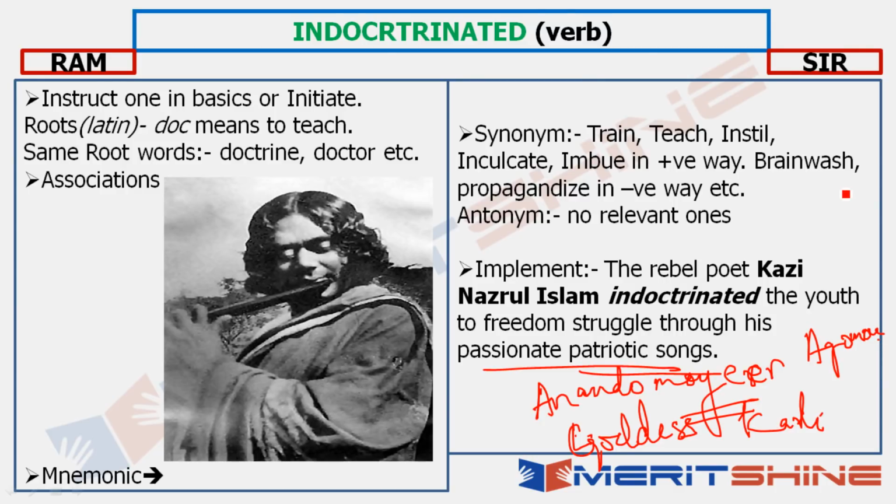Then came Bisher Bashi, or in English, Poison Flute. The moment it was released, it was banned by the British government, and again he was jailed for it. But due to banning, it is not that his works were not distributed. They were translated and distributed by freedom fighters all across the country, right?